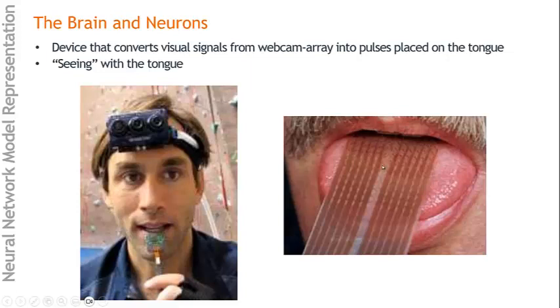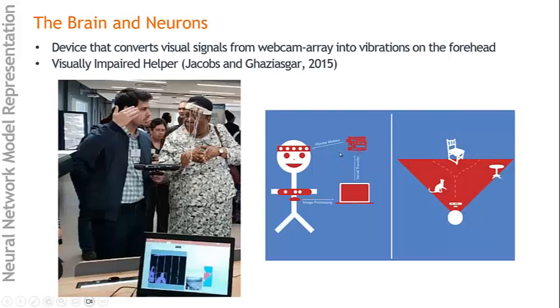The tongue in time would be able to recognize objects and motion and so on. And it would become quite natural. You wouldn't even be thinking anymore that you are sensing something with your tongue. You are simply seeing using the tongue's neurons.